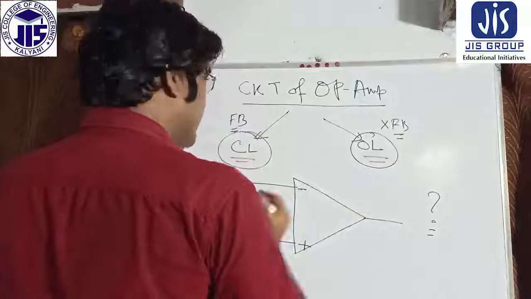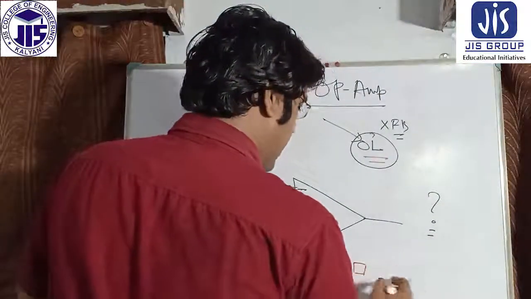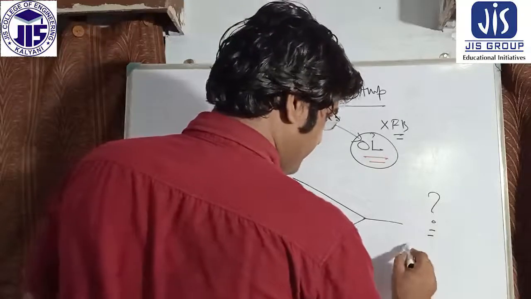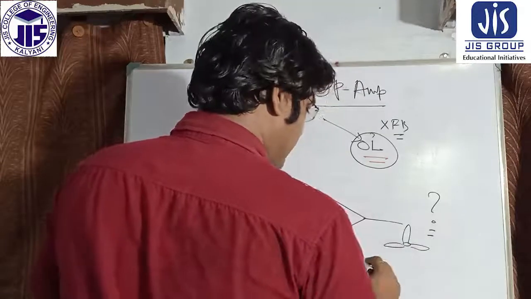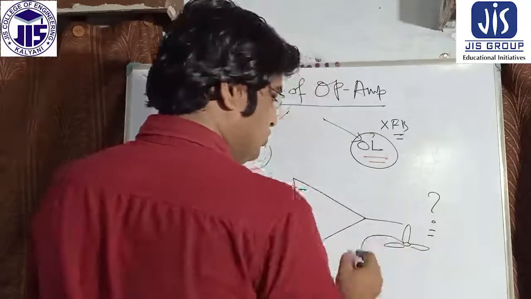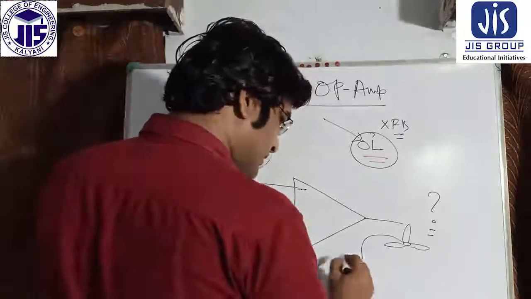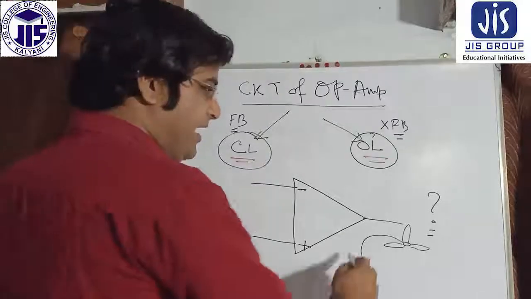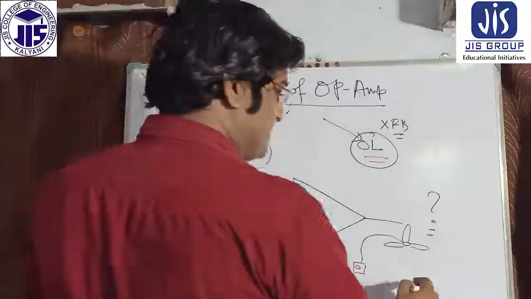Suppose there is a switchboard and there is a fan, and there is a connection from the switchboard to the fan. In the switchboard there is a regulator. Suppose I'm drawing like that. The fan is rotating, and suppose a human being is standing here.